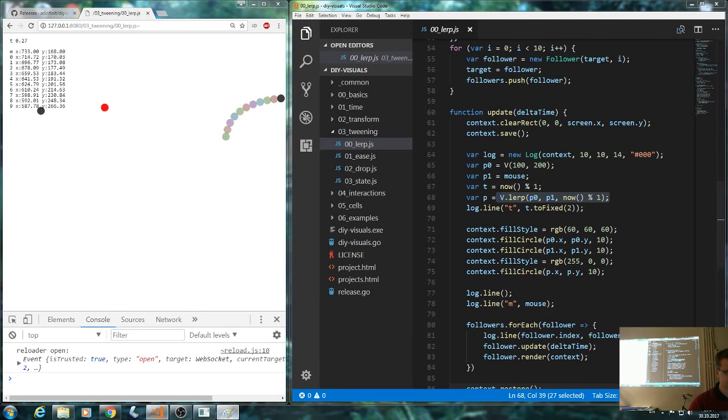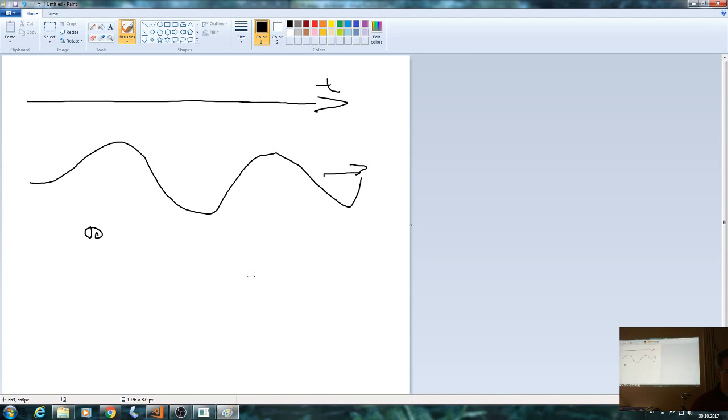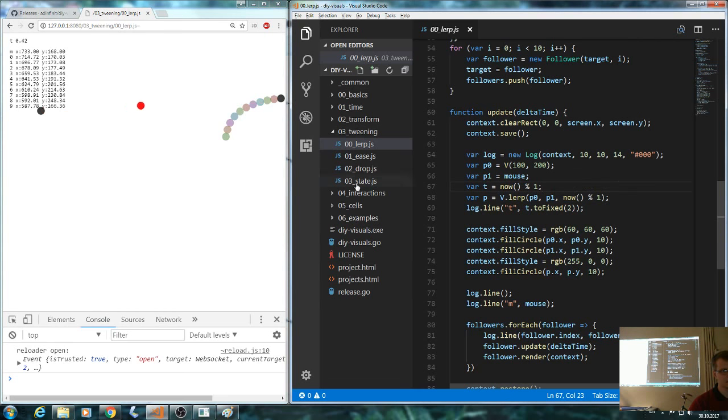So when we have this point here, and we want the point between here, let's say it's about a quarter away, we can use this lerp function to find this position between those 2 points. So we can animate this dot moving from one place to another.